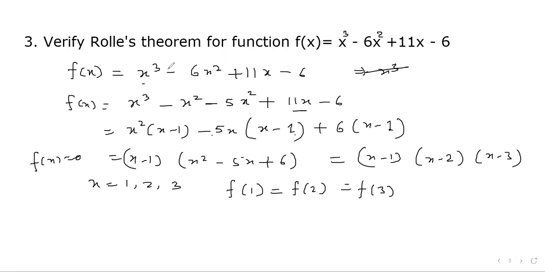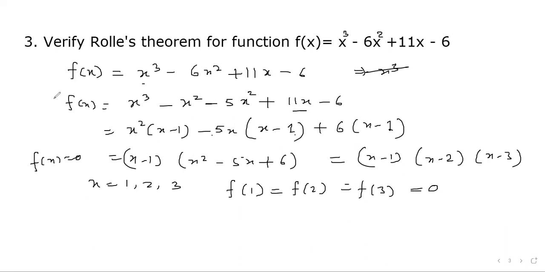If we put 2, 2³ is 8, minus 6 into 4, plus 11 into 2, minus 6. This will also be 0. Similarly, if we put 3, 3³ is 27, minus 6 into 3², which is 9, 54, plus 11 into 3 minus 6. This will also be 0. So f(1) = f(2) = f(3), all three equal to 0.